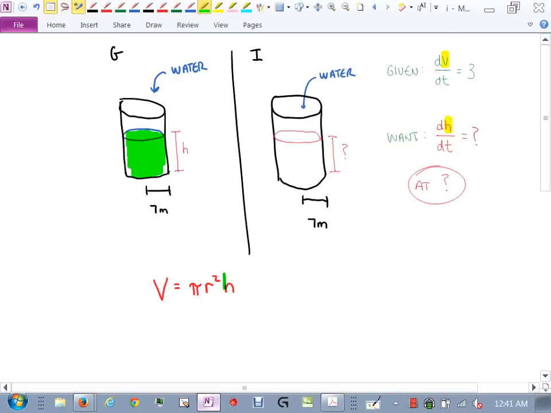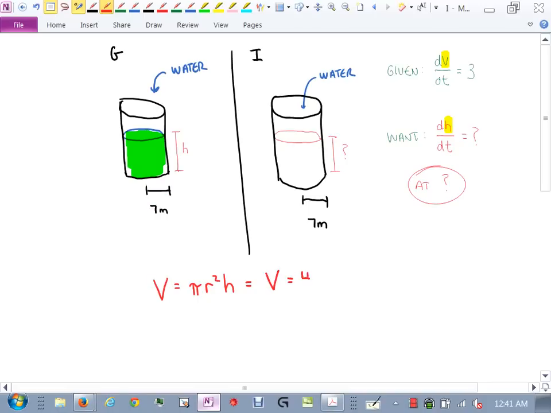So that's why I used height there. So that's the volume of the water inside the cylinder. And I know my radius. My radius is fixed, right? So volume will be, when I square r, which is 7, 7 squared is 49.